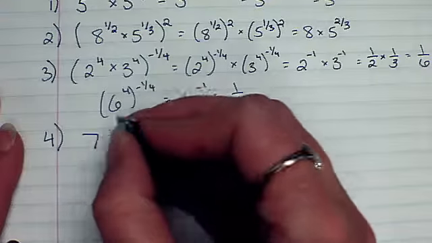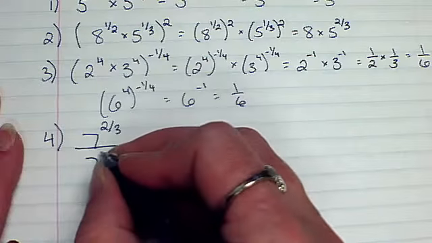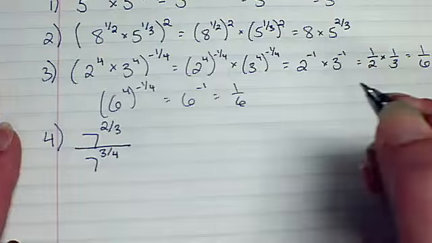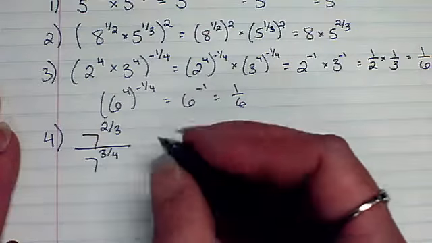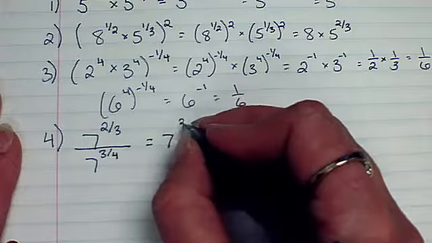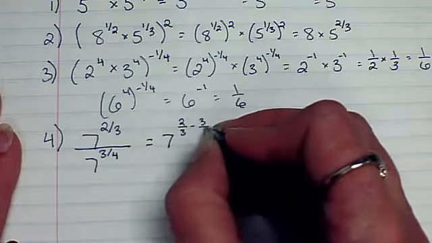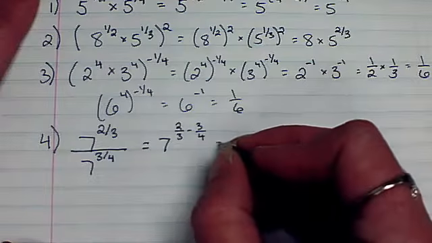Next one. I've got 7 to the 2/3 divided by 7 to the 3/4. Now remember our division. When we're dividing two things and they're the same base, we're going to subtract our exponents. So I'm going to take 2/3 minus 3/4. We need to have a common denominator to subtract fractions.